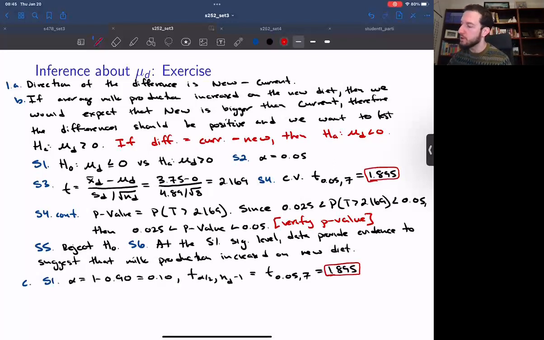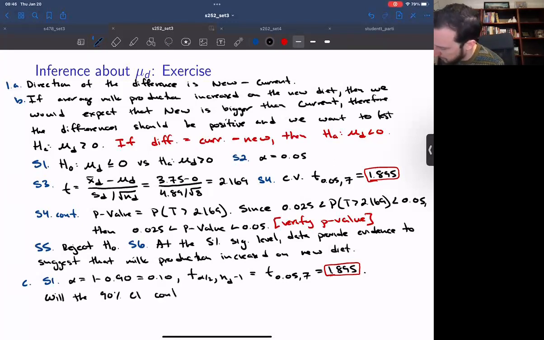Okay, so now the question is, without even building the interval, will it contain 0 or will it not contain 0, and why? You're very close.